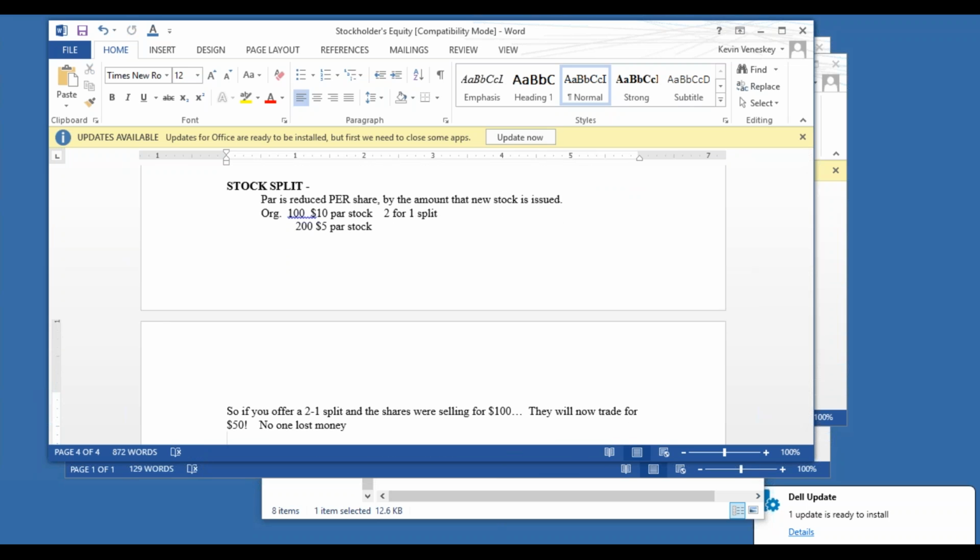All right, let's look at an example now. And the last thing to hit here is a stock split. A stock split is simply taking, say, a $100 stock and splitting it in half. So now instead of one $100 stock, you have two $50 stocks.